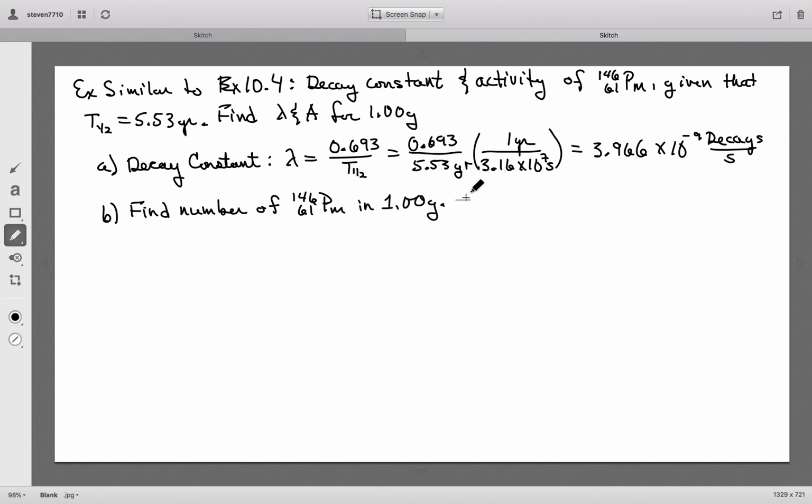Right, and so we need basically our molar mass. Is needed. And if you go to various tables, and it's all over the web, you should be able to find that the mass of 1 promethium-146 atom, essentially, is, what is that number? 145.9 atomic mass units, right?